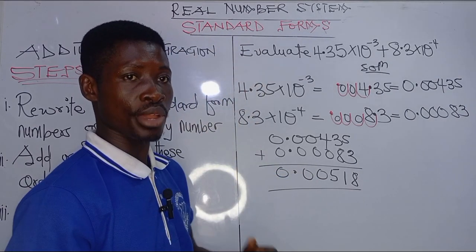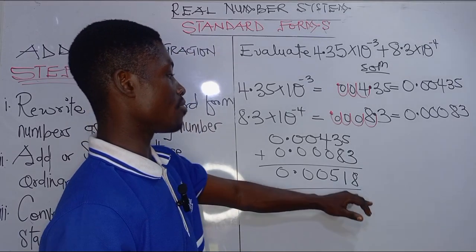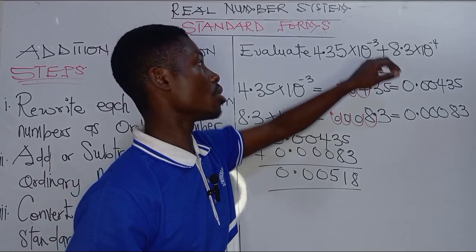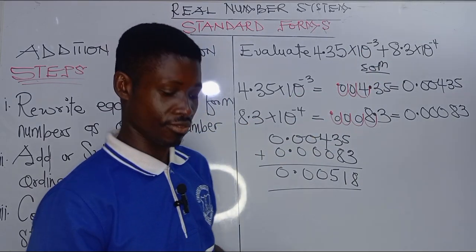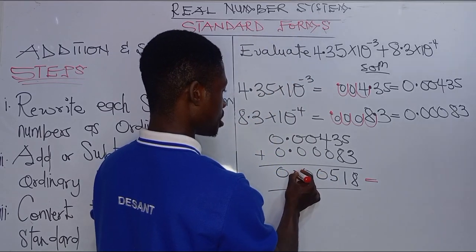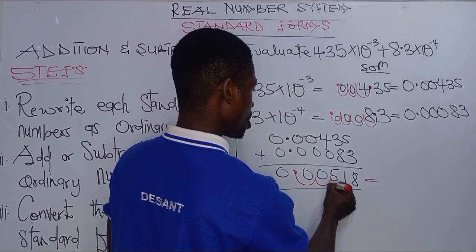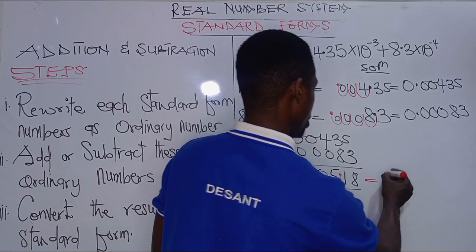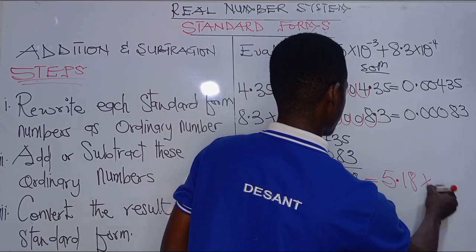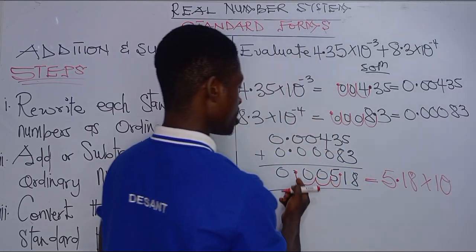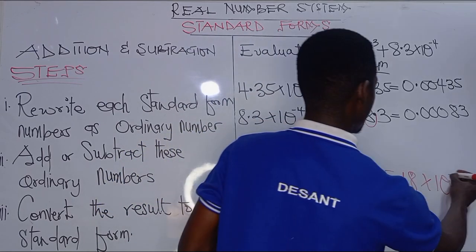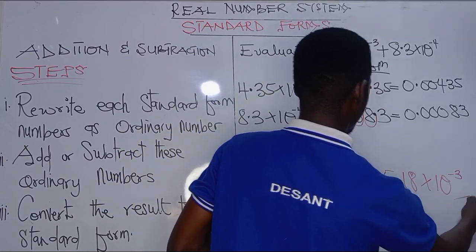And then the last thing that we are going to do is to convert this result back to standard form, because the question was actually given in standard form. So we are going to get the decimal point here. We are going to move up to this very point. So we have 5.18 times 10 raised to the power how many movements? 1, 2, 3. So raised to the power -3.